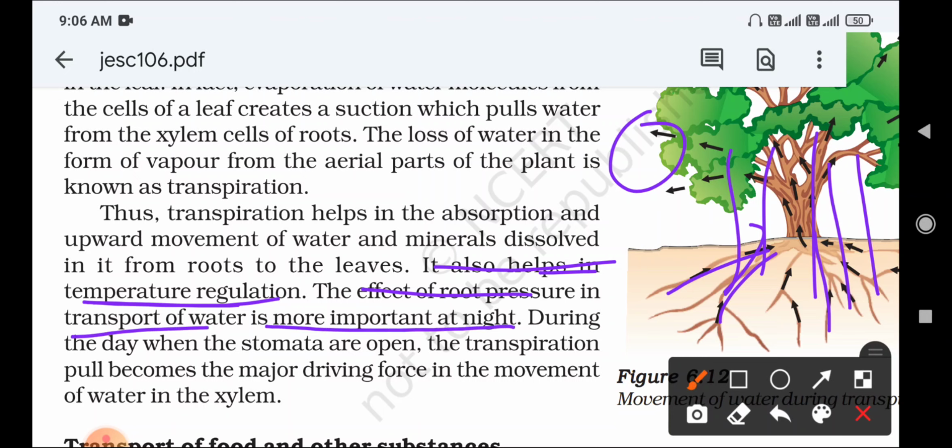During the day, when the stomata are open, transpiration becomes the major driving force in the movement of water in the xylem. During the daytime, during photosynthesis, plants require more water, and that water is provided by the transpiration method.